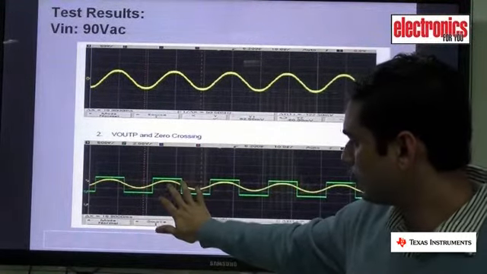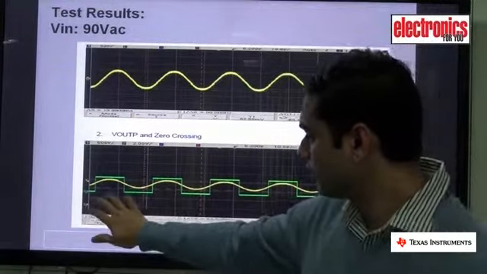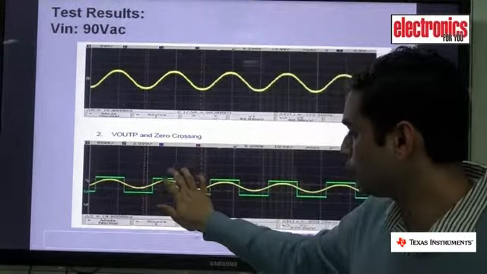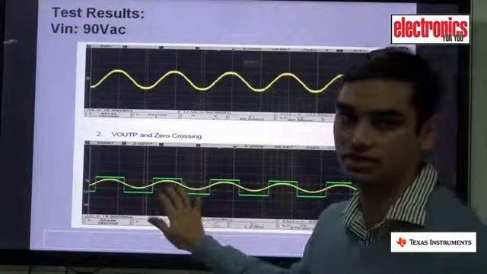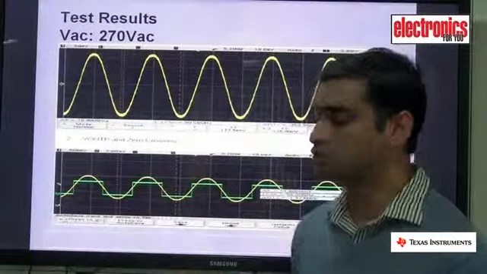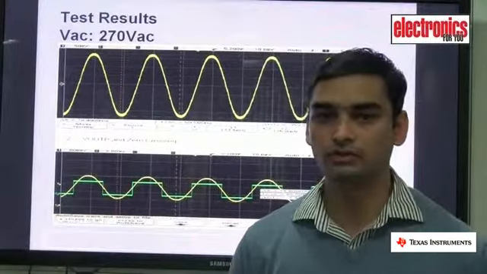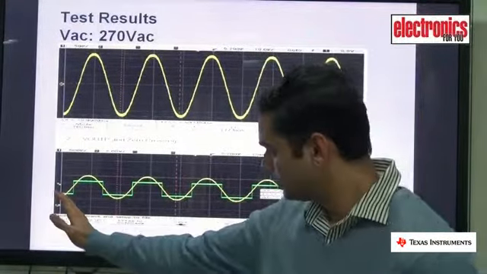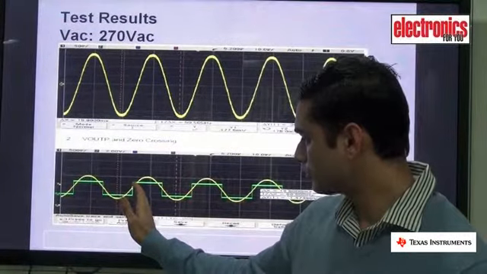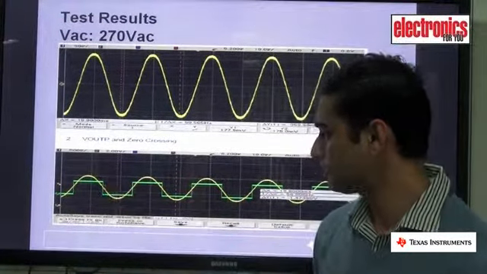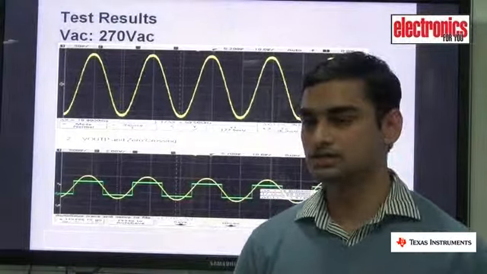The sine wave is the output of your isolation amplifier, and the square wave is the output of your zero crossing detection circuit. And these are the results at 270 volt AC. You can see over the range of 90 volt to 270 volt, the duty cycle of your zero crossing detection circuit is 50%, and linearity wise the performance is pretty good.